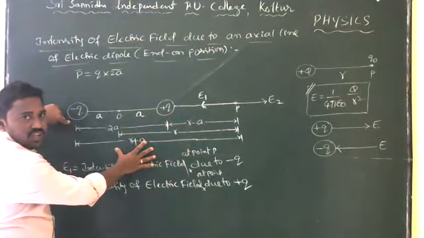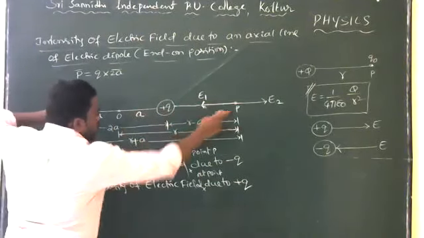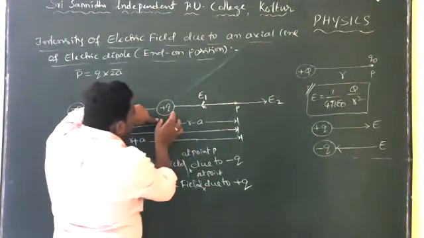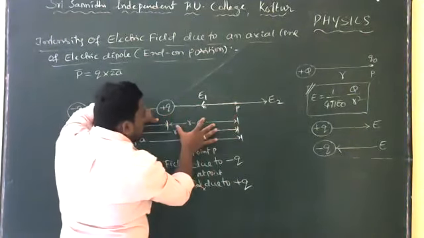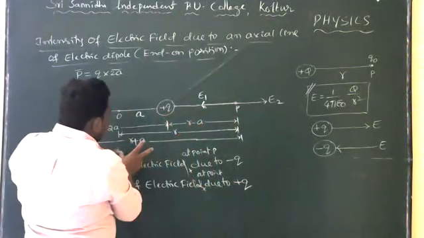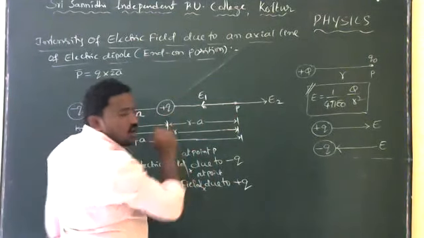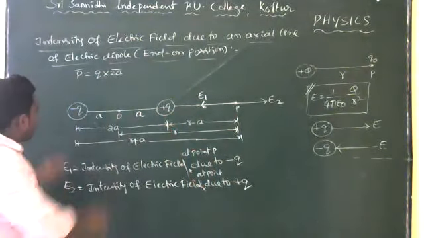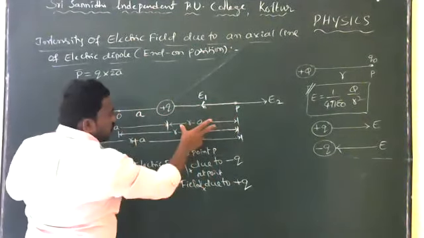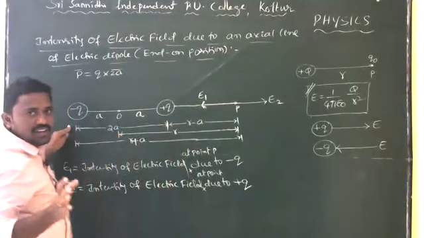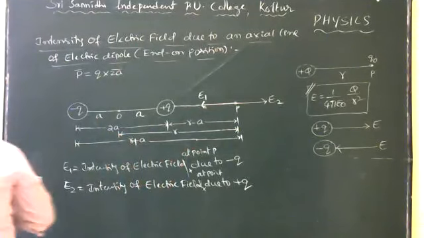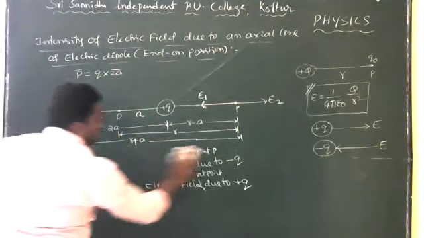How far is point P from the plus q charge? r minus a. So when we use the distance, we use r plus a and r minus a, the distance from charge to point P. Is that clear? So next, calculate the E1 and E2 values. First of all, calculate the E1 value.